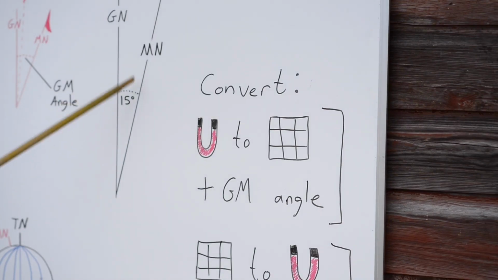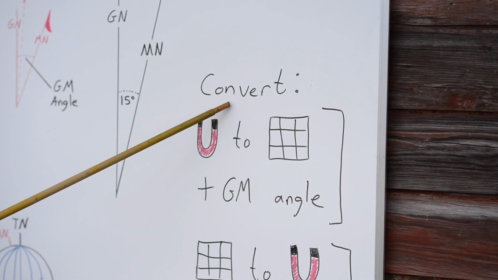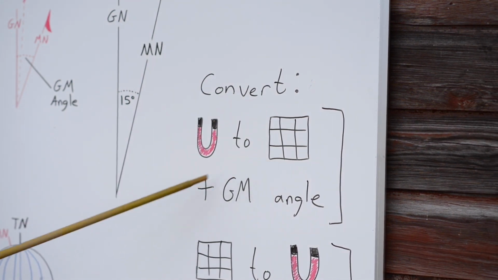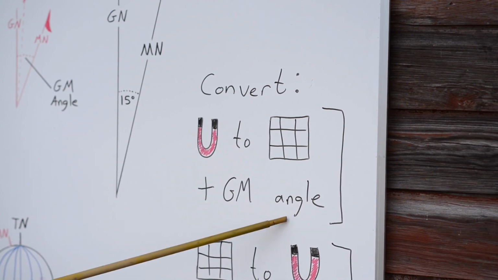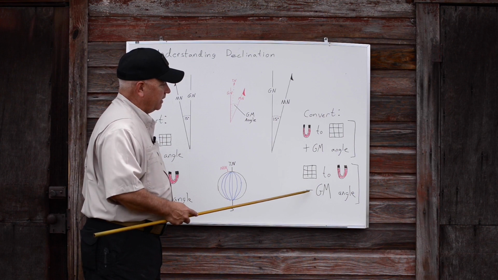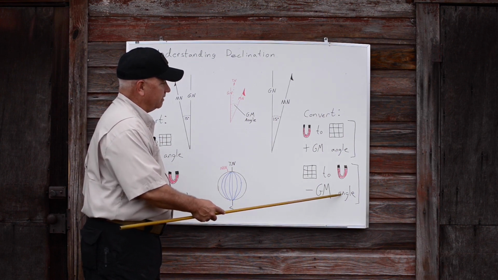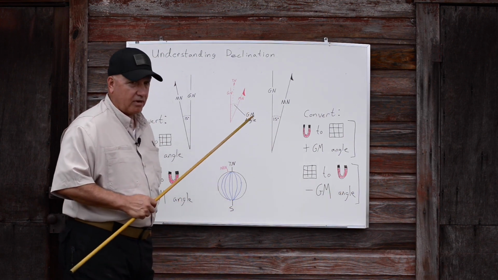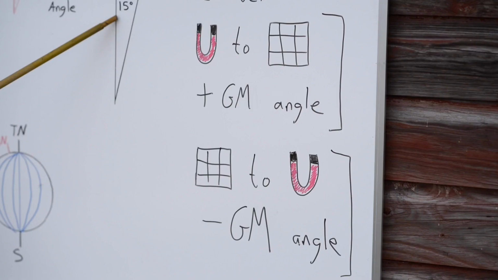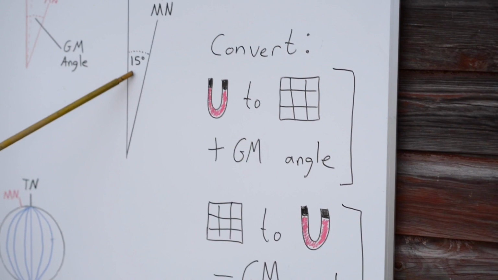So we're going to have to do a conversion on this 15 degrees. Convert magnetic to grid, we have to add the GM angle. If we're converting grid to magnetic, we have to subtract the GM angle. That's a little mathematical problem you'll have to do on your own, and then you adjust for the declination on your map, or you adjust for the declination on your compass.